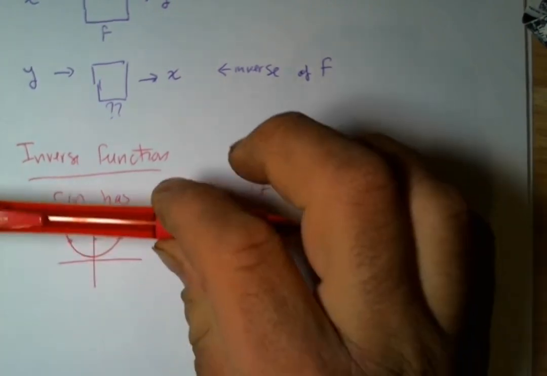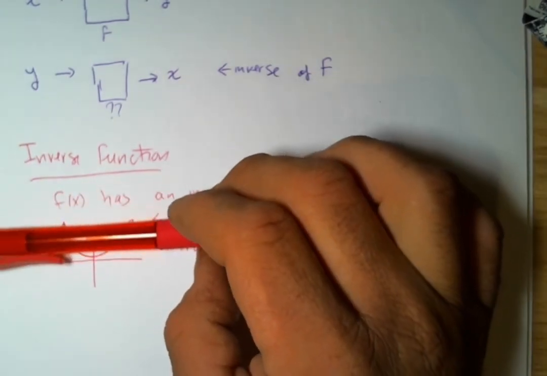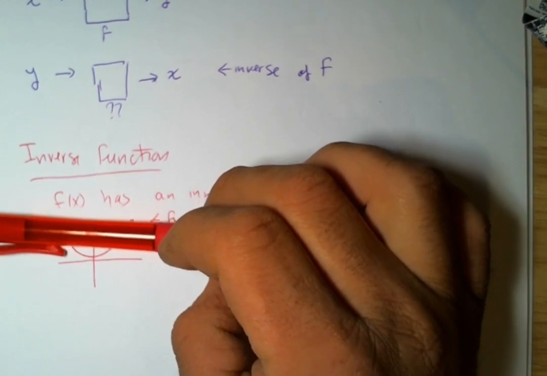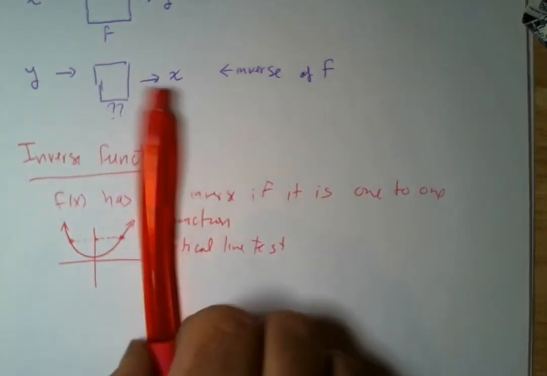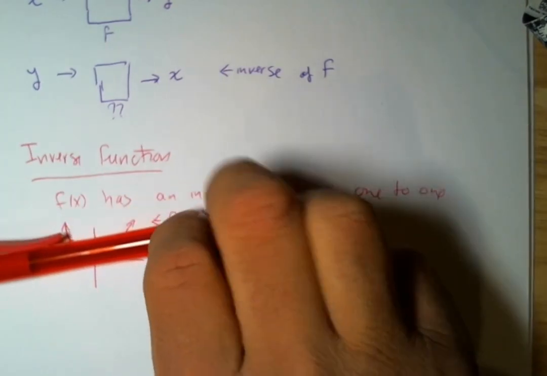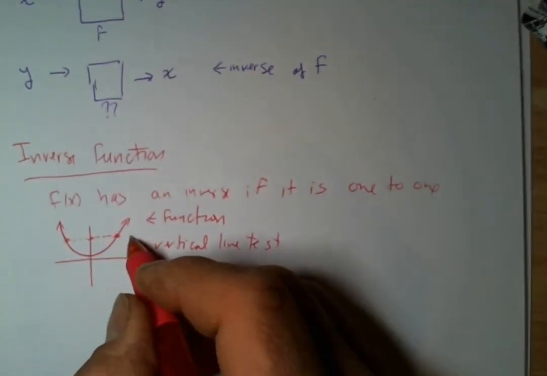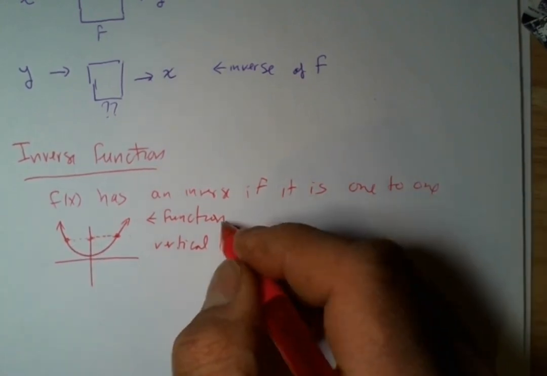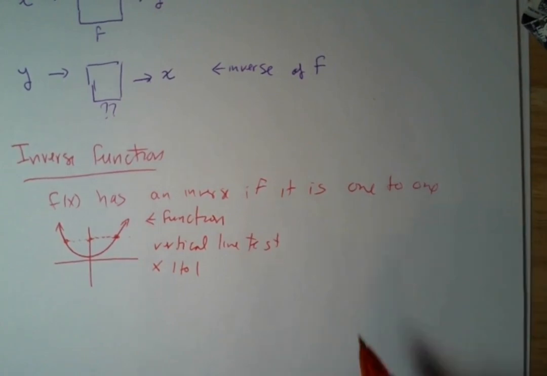A way to determine whether a function is 1 to 1 is, does it pass the horizontal line test? The vertical line test tells me a function. The horizontal line test will tell me if it is 1 to 1. So with something like this, the output corresponds to two inputs. So it is a function, but this is not 1 to 1.